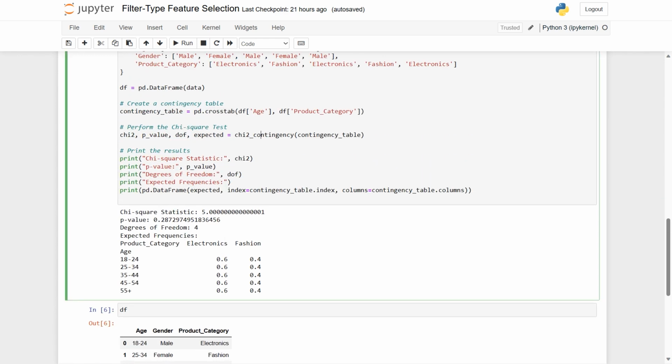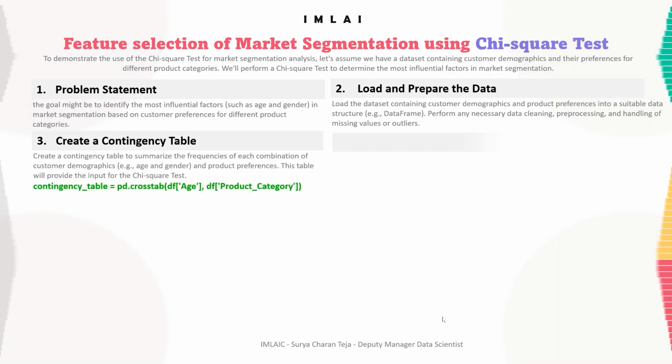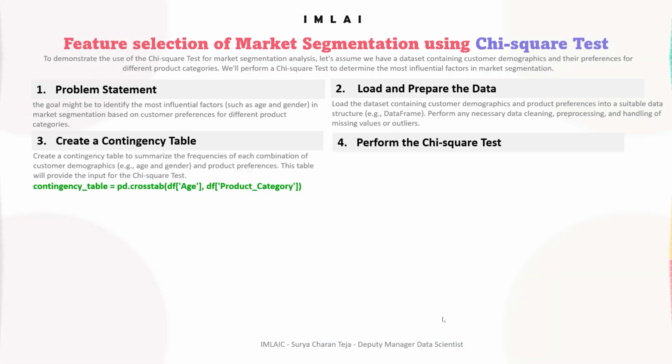So then let's move ahead to the next step. Let's perform the chi-square test. Use a suitable statistical library, example scipy.stats, to perform the chi-square test. So pass the contingency table as input to the chi-square contingency function, which will calculate the chi-square statistic, p-value, degrees of freedom and expected frequencies.